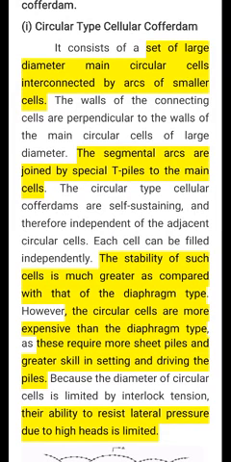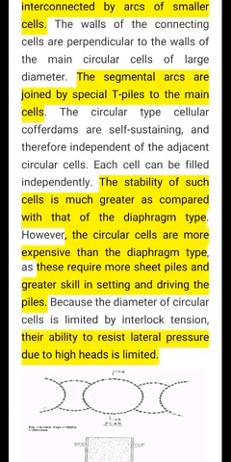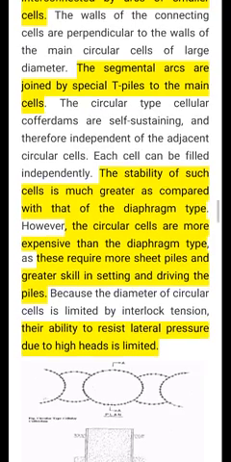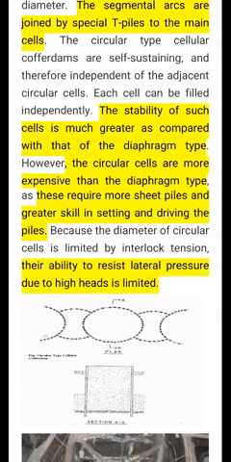The segment arcs are joined to the main cells by a special T pile. The stability of such a cell is much greater compared with the diaphragm type, and the circular cells are more expensive than the diaphragm type because the arc length is more.